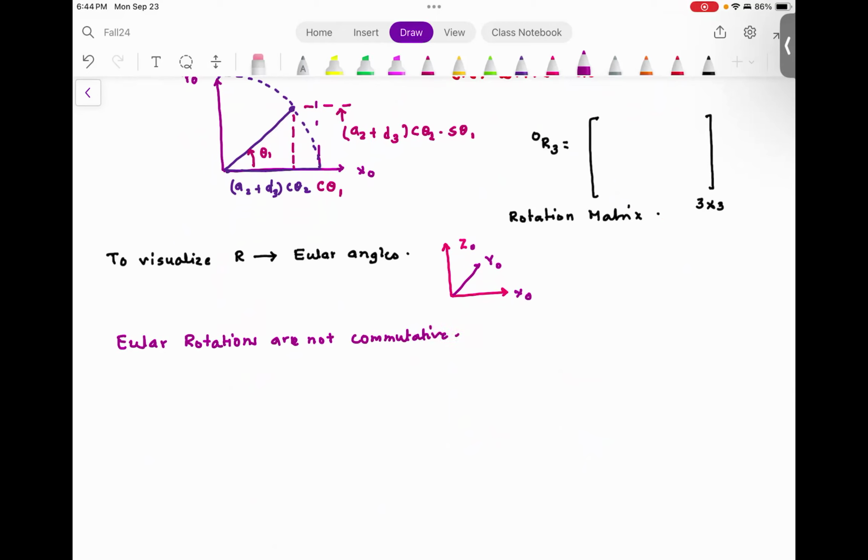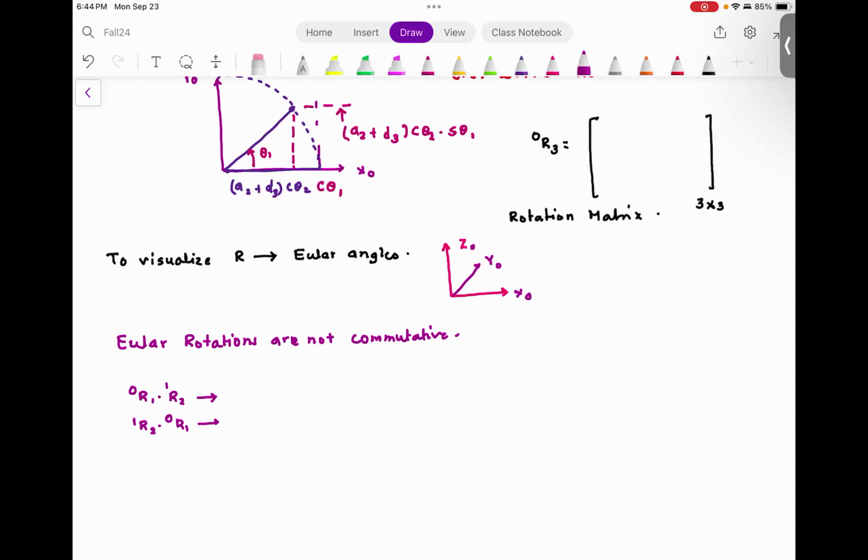What this means is, if I have these two rotations, 0R1 and 1R2, and I multiply them in a different sequence, say 1R2 multiplied by 0R1, my final result is not going to be the same.